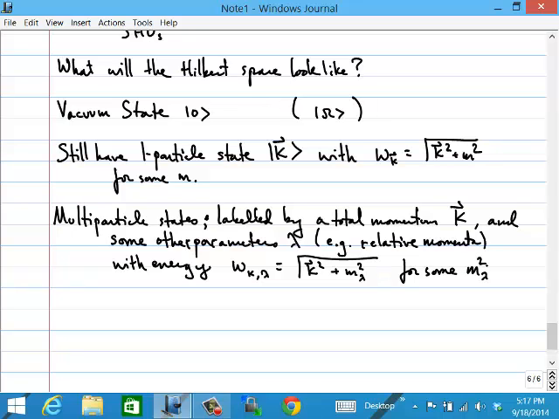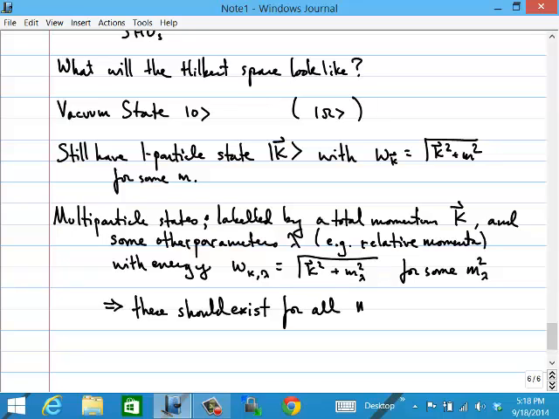And the point is that because the label lambda is continuous, it includes, for example, relative momentum, which is a continuous variable, these multi-particle states should exist for a continuous range of values of that parameter m_lambda squared.